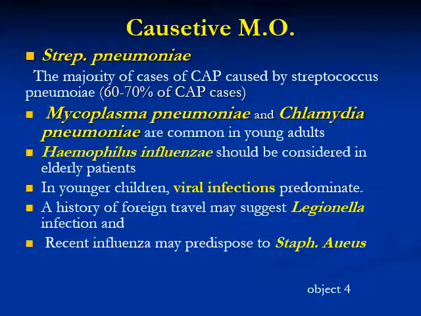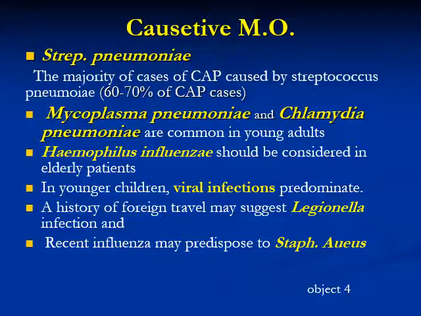In younger children, we put viral infection as the first cause. Viral infection is predominant. There are many viruses: respiratory syncytial virus, adenovirus, coronavirus, and many influenza viruses. Many viruses can affect young children, and pneumonia in young children is mainly due to viral infection. A history of foreign travel might suggest Legionella disease.